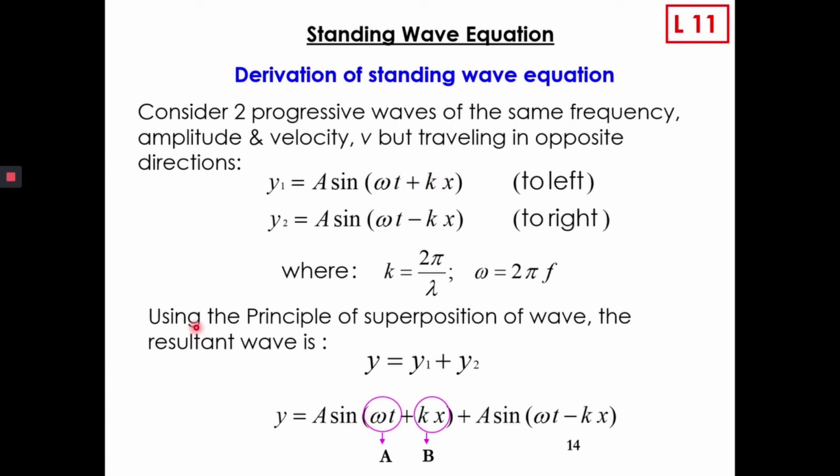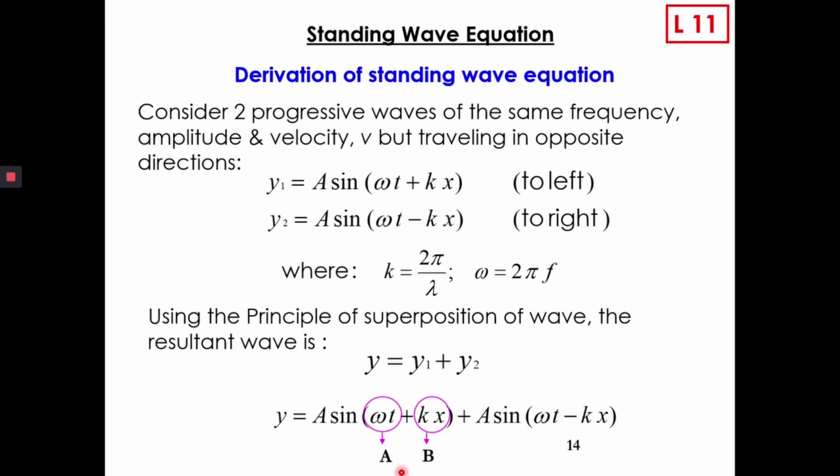So by using the principle of superposition of waves, the resultant wave is the summation of the individual waves. So the displacement of the standing wave is the displacement of the first progressive wave plus the displacement of the second progressive wave.